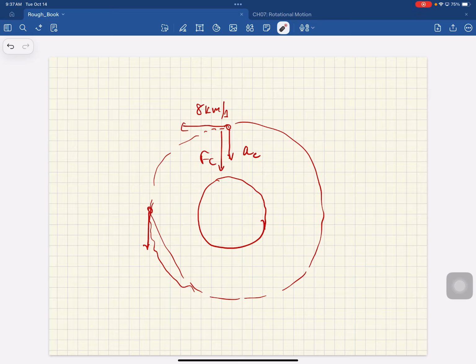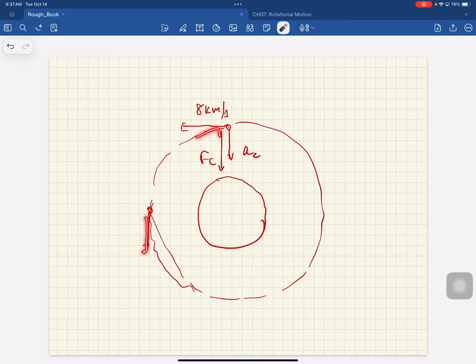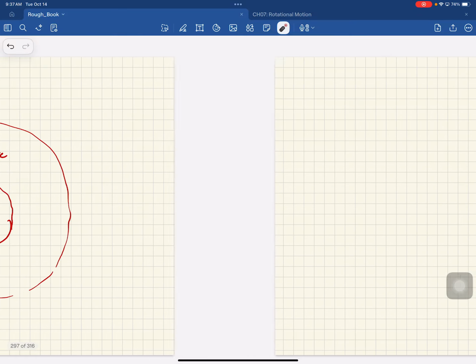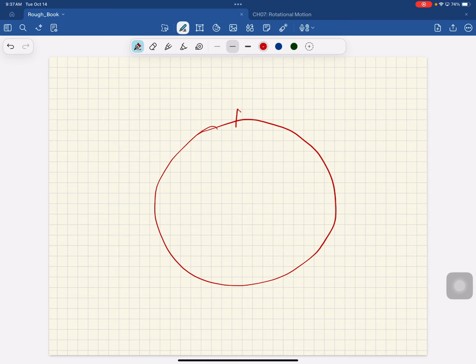This is called uniform circular motion because your speed is not changing, but the direction of the velocity vector is changing. Now let's say you're driving on a circular road at constant speed.